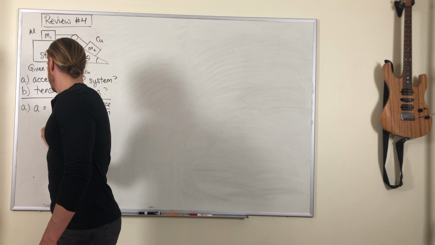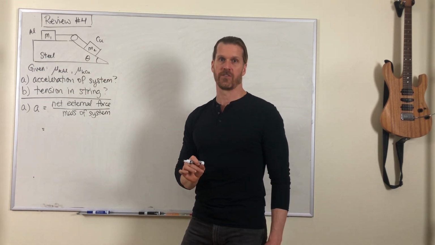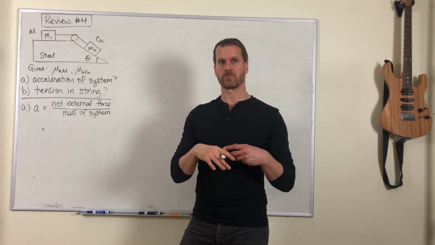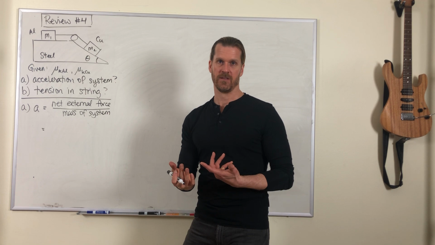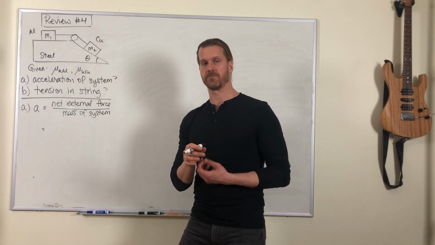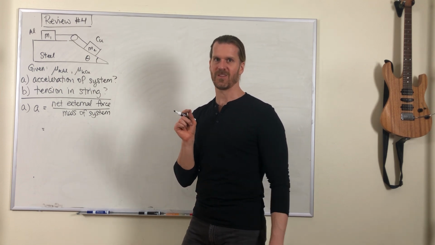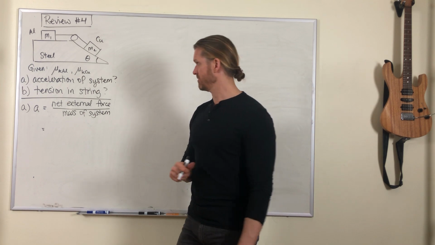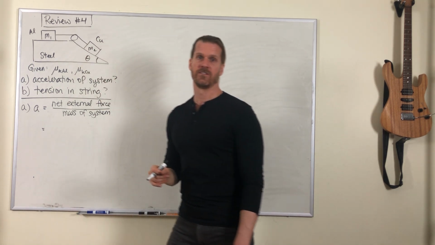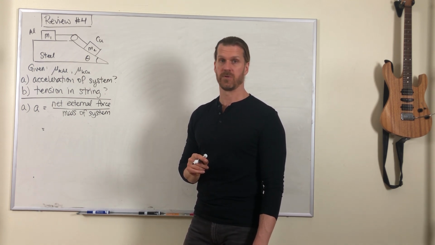So what we'll do is identify all the external forces acting on the system. The forces that tend to make the system speed up, we'll give a positive sign. And the forces that tend to make the system slow down, we'll give a negative sign. Now in this configuration, there's only one force that's going to make the system speed up.